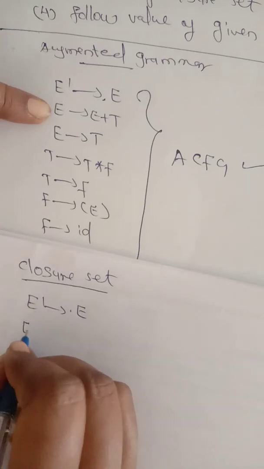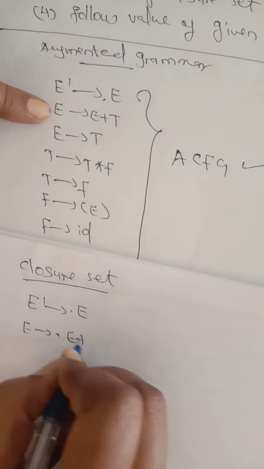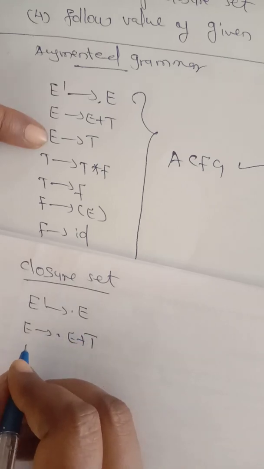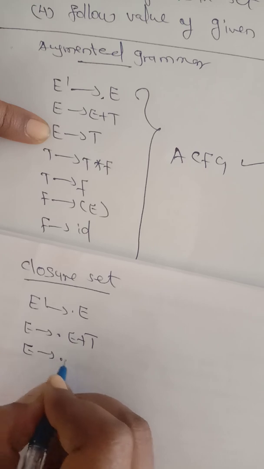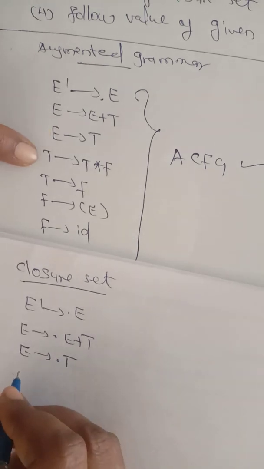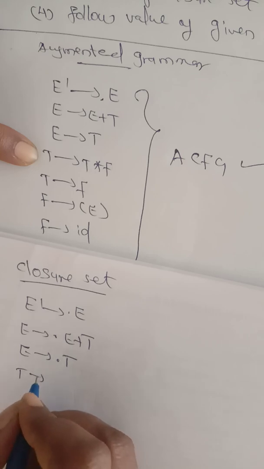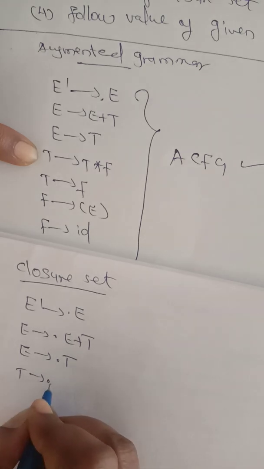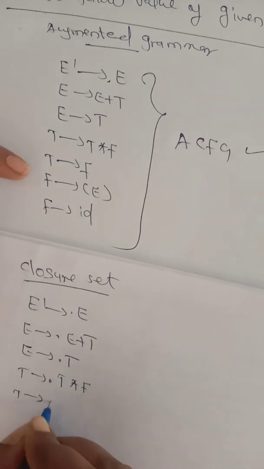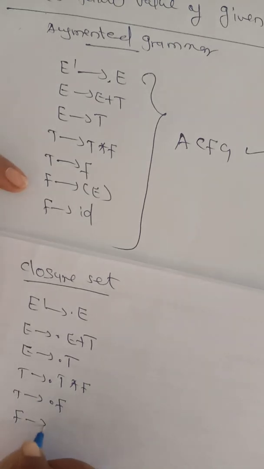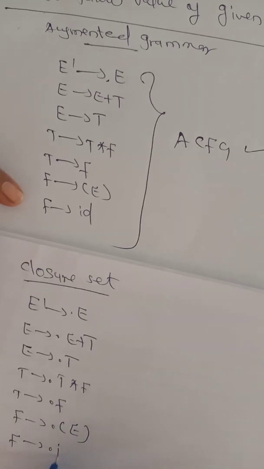Second production, E goes to dot E plus T. Third production, E goes to dot T. Fourth, T goes to dot T star F. Next, T goes to dot F. F goes to dot open bracket E close bracket, and F goes to dot ID.